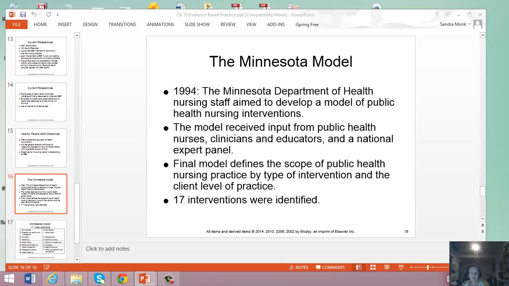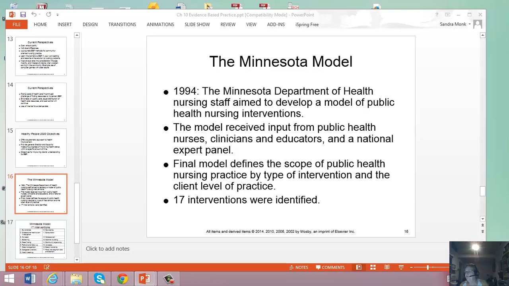The Minnesota model is something, as I wrap up this lecture, that was developed by the Minnesota Department of Health nursing staff, and it aimed to develop a model of public health nursing with the interventions. I've posted this model on the internet under this week, and the model received input from public health nurses, clinicians, educators, and the national expert panel.